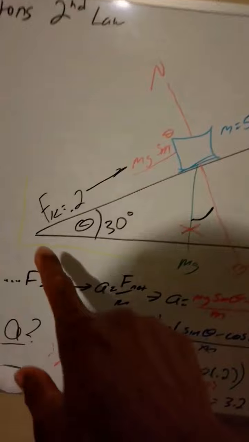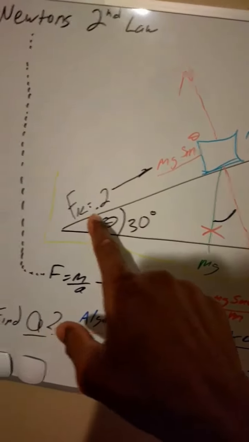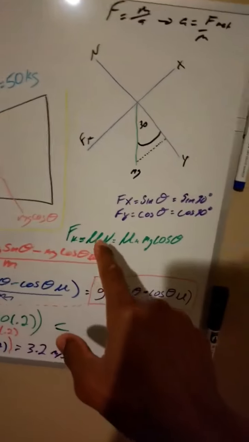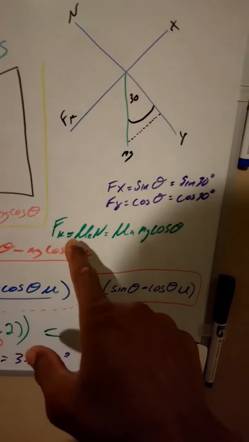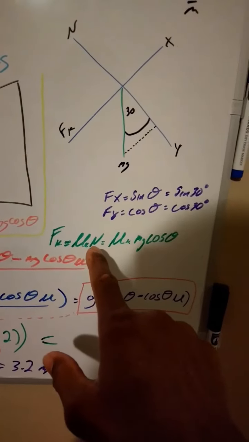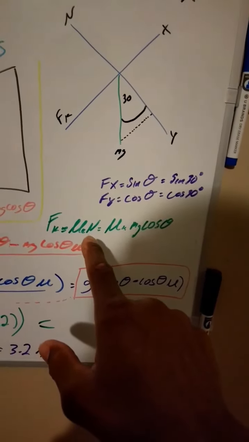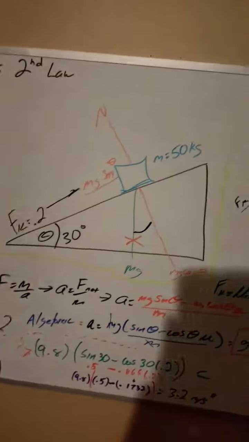And since we have a friction force, we must remember that our friction force is equal to mu k times our normal force.